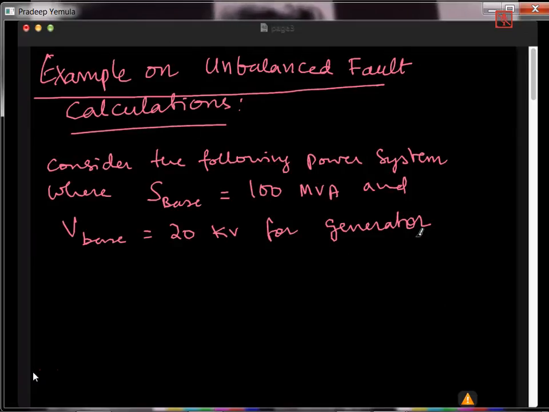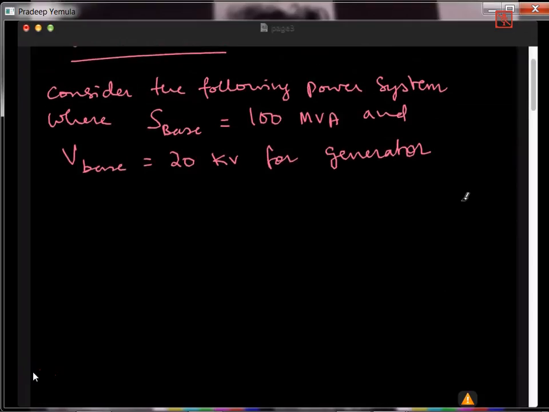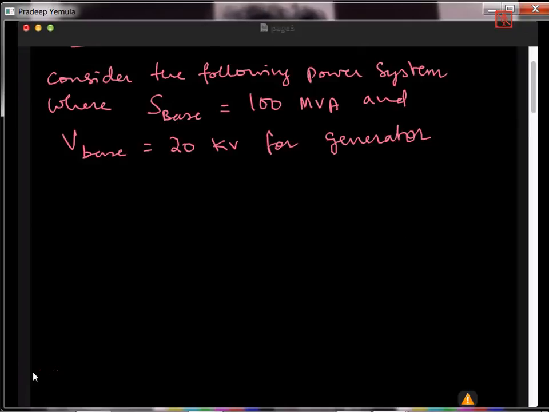So I'll draw a small power system network now. So there is a generator, star connected, and the neutral is grounded. So Zn is 0.04 per unit.